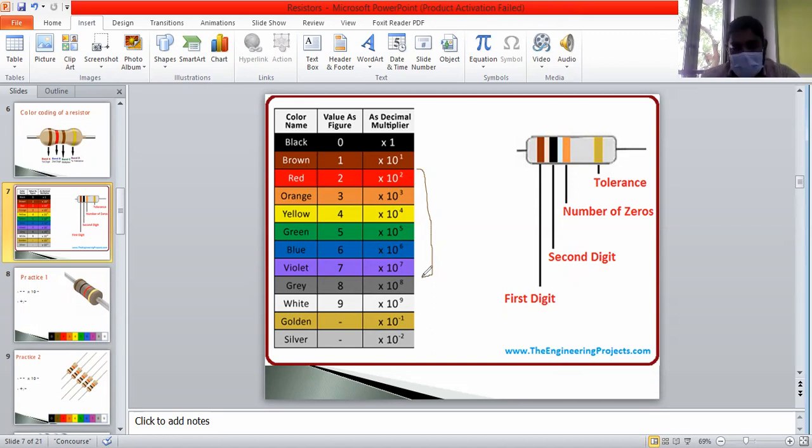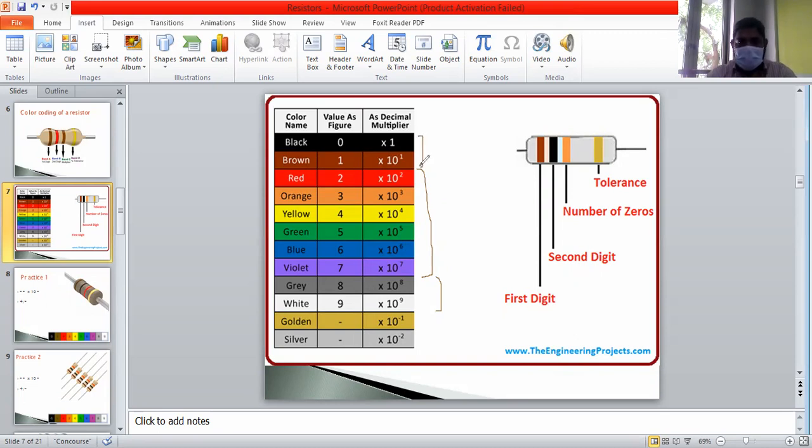But here, one is missing, that is indigo. So we have colors red, orange, yellow, green, blue, and violet. Indigo is missing, and the added colors are black and brown at the top, gray and white at the bottom. These are the added colors. Golden and silver are for tolerance, which is shown by the 4th band. We'll discuss that later.